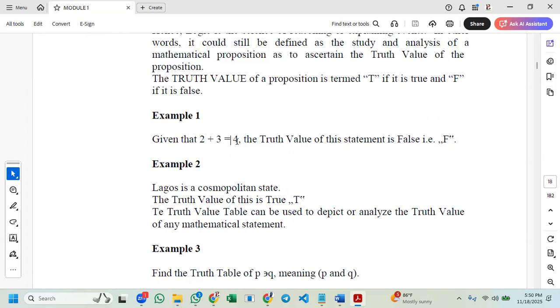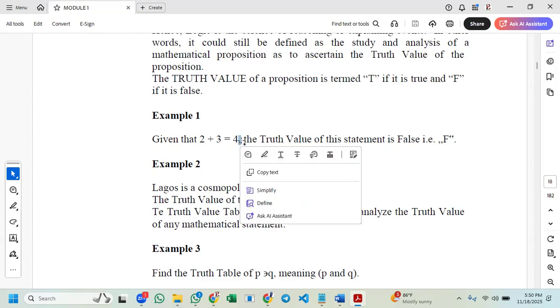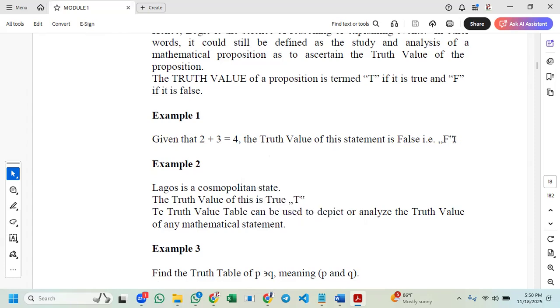Because you know that what the person is saying is what? Wrong. So that wrong, in the general term, in mathematics or in logic, we call false. So it is false because it is not true. Opposite of true is false. Opposite of false is true. So the truth value of 2 plus 3 is equals to 4 will give us false, which is F.